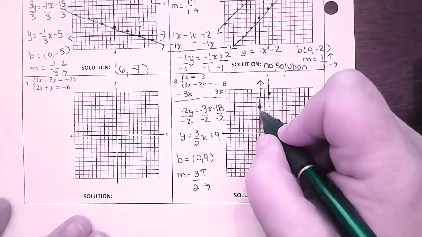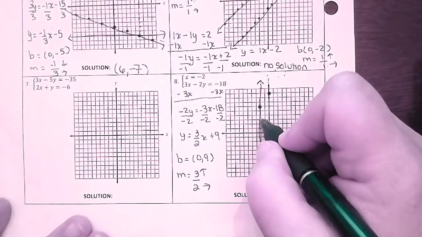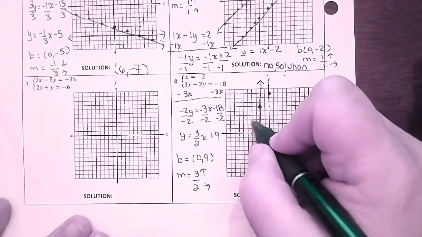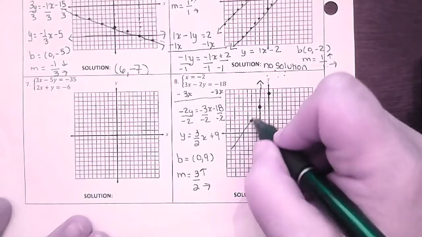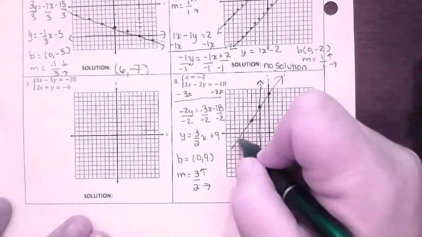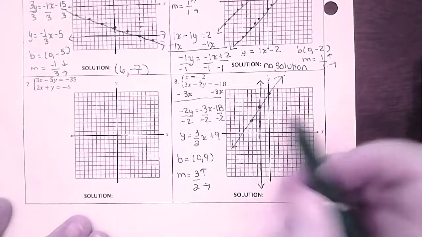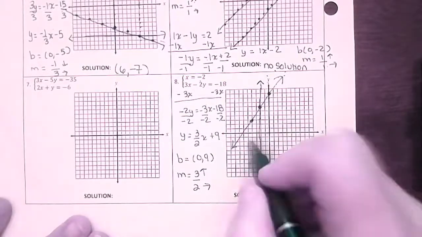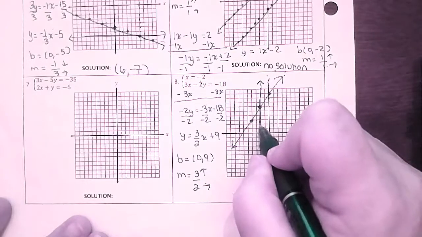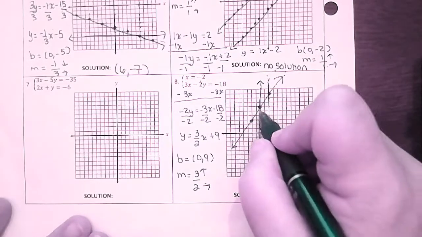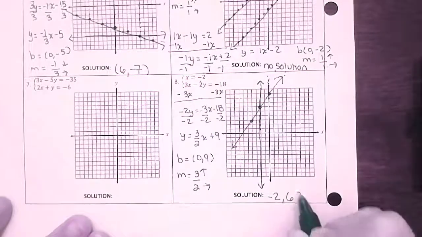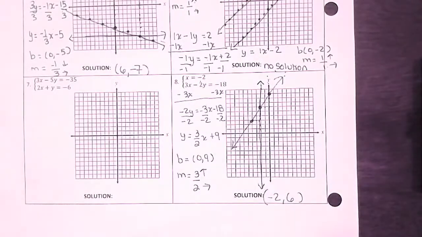So there's my line. And my point of intersection is, if you notice, the x value is -2, right? And then I go up 1, 2, 3, 4, 5, 6. So -2, 6.